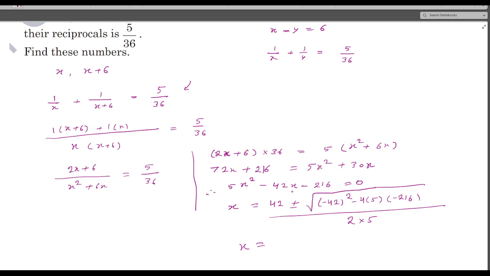So one value of x we are getting as 12, and the other value of x we are getting as minus 18 divided by 5. So these values indicate that if we try to factorize, we can do that. But factorization sometimes is a little complicated. Better you can use the formula if calculator is allowed.